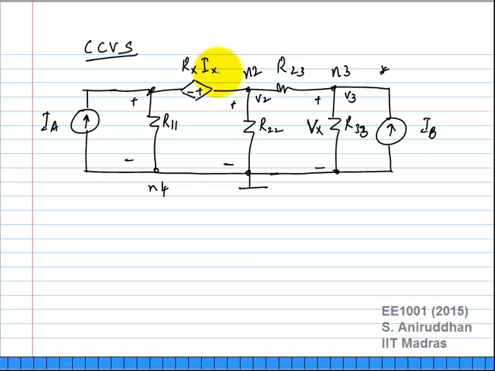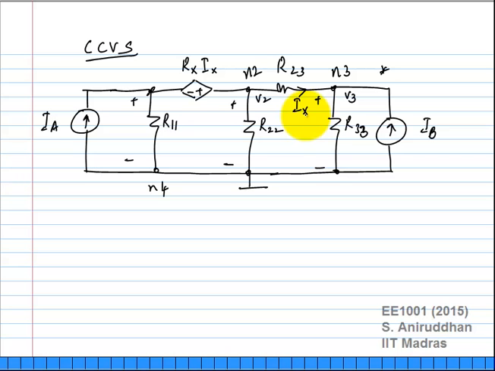The value of the voltage source depends on some current, and that current can be current through any element. So I'll change it slightly. I'll say this is Ix. Ix is the current through R23. So the value of that current controlled voltage source depends on the current through R23.